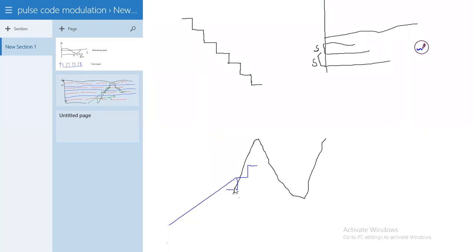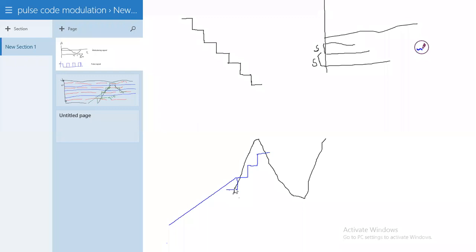And here again we can compare m(t) with mq(t). mq(t) is less than m(t). Again here we can draw this up. Again it stays Ts seconds. Again the mq(t) is at this one.